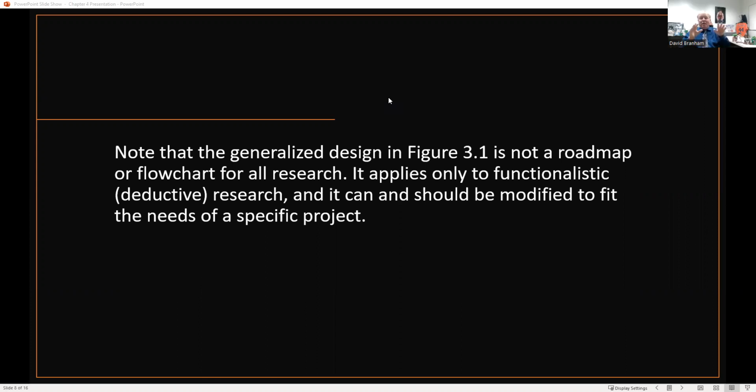So your particular paper is going to look like that stage process, but there are other ways to do it. Just because they don't do that stage process, when you see research, if it's not in that process, it doesn't mean you should discount it. But it is a good process, especially for functionalistic deductive research. It is a good process that gives legitimacy to your findings in your research.